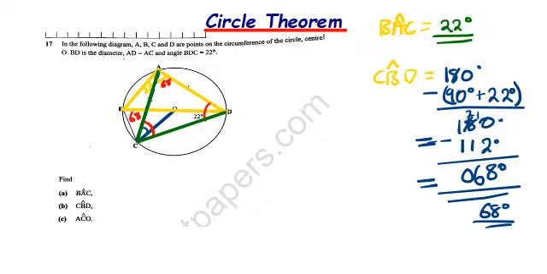I already have my angle there, which is 68. So in order for me to come up with this angle and that angle, I have to say 180 minus 68.